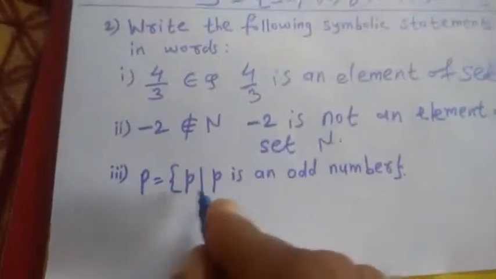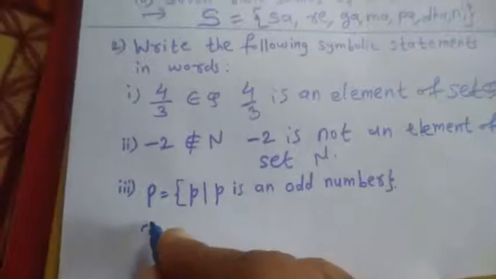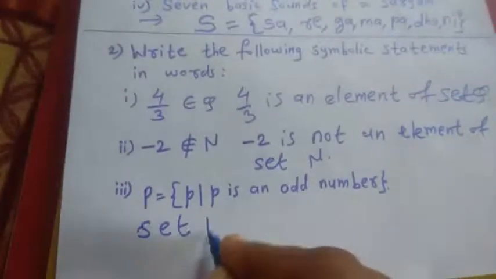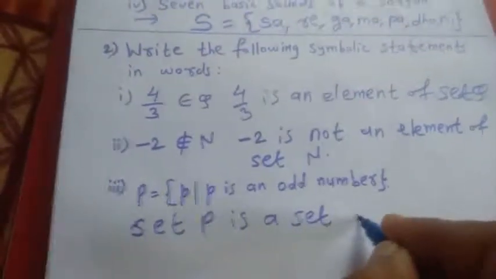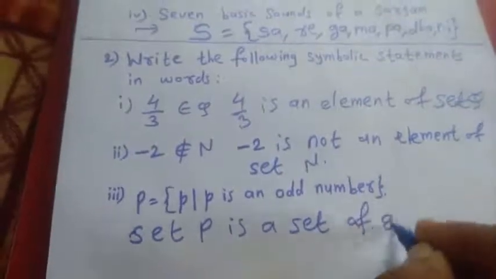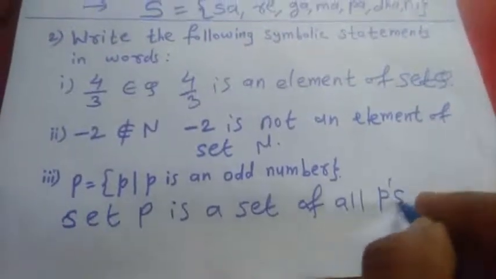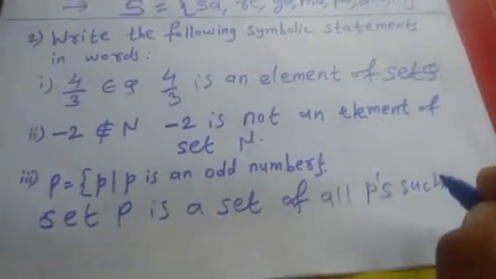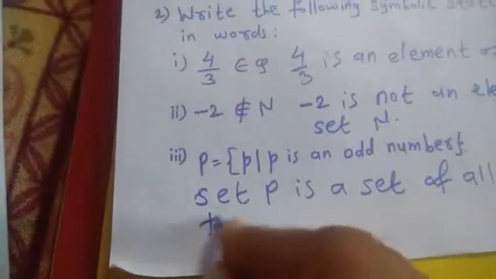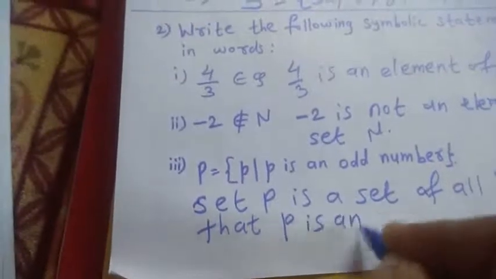Set P is a set of all p's, small p, such that small p is an odd number.